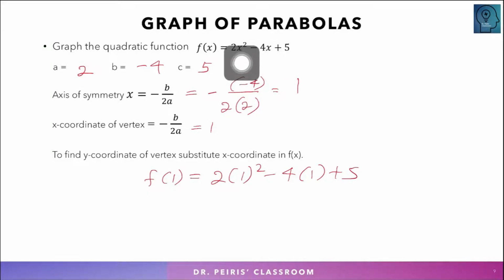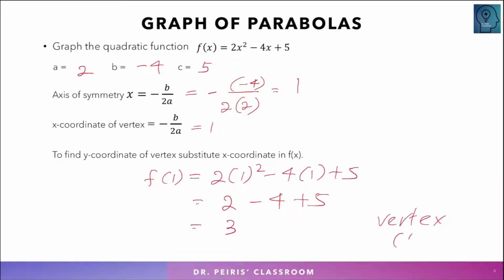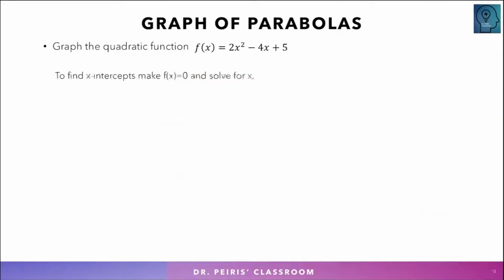So 2 times 1 squared minus 4 times 1 plus 5. Then we simplify it. 2 minus 4 plus 5 is going to be 3. So the vertex is 1 comma 3. We found the vertex. Now let's find the x-intercepts.